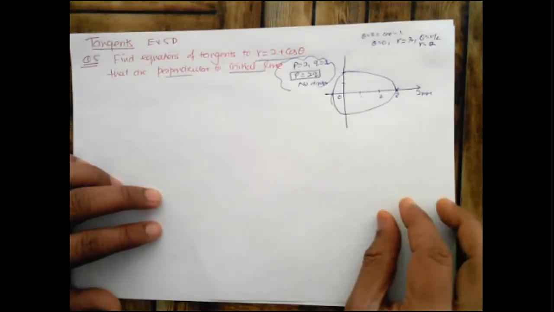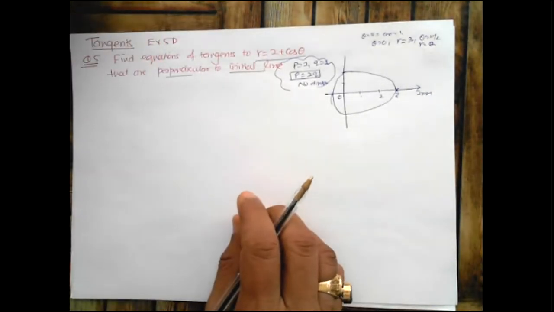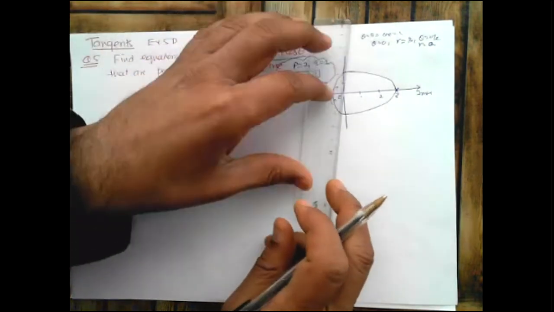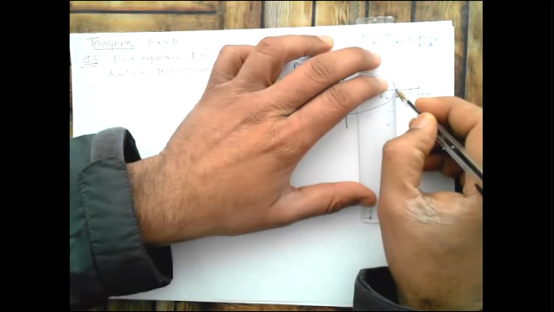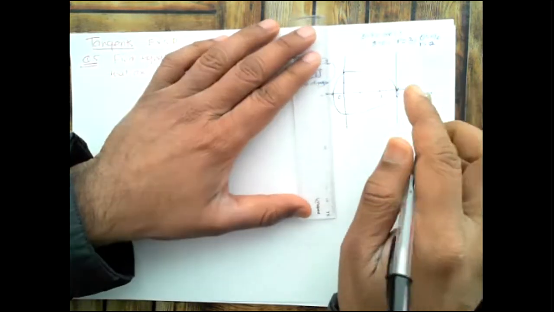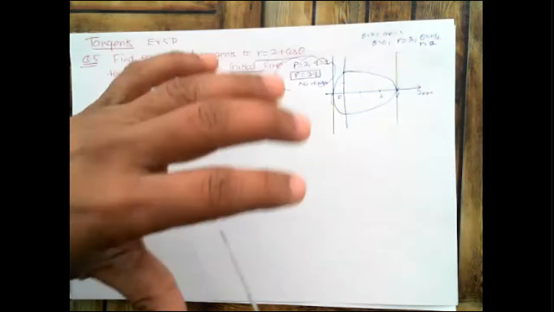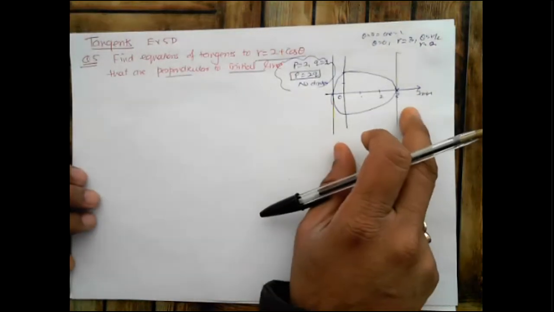Guys, what we need to do now, we're not going to work out the area this time, we're going to work out the equation of the tangent, which is perpendicular to the principal axis. So I'm going to have one over here, and one over here. Right, so I need to work out the equation of these lines, guys.